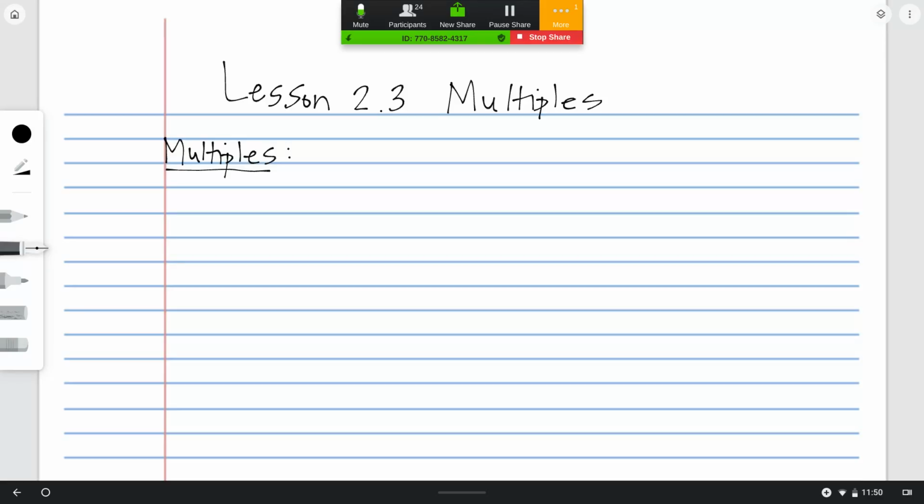Okay, multiples are answers. I guess that's not exactly the correct one I want to use. I had a different wording. Hold on. Let me erase this. Some of you are still reading anyways. Multiples are, I wanted to get a better wording for this definition.